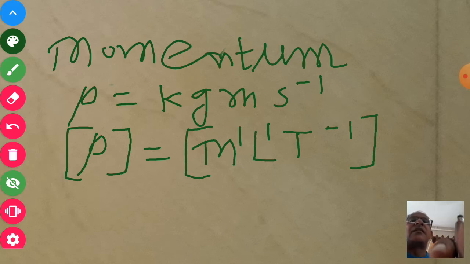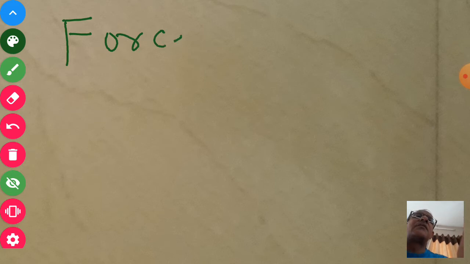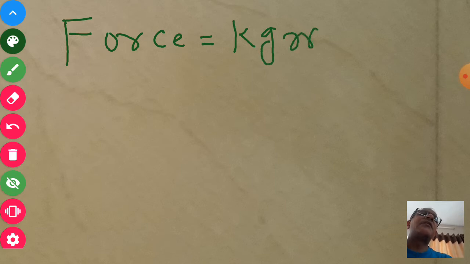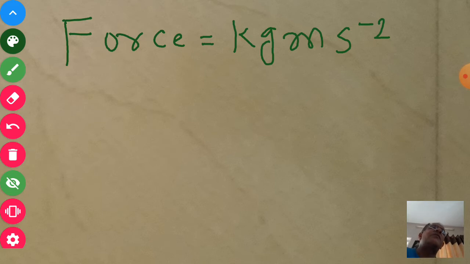Now if you talk about force, the unit was kilogram meter per second square. It is in the memory of scientist Newton. This is called Newton, but right now we shall not take this Newton.